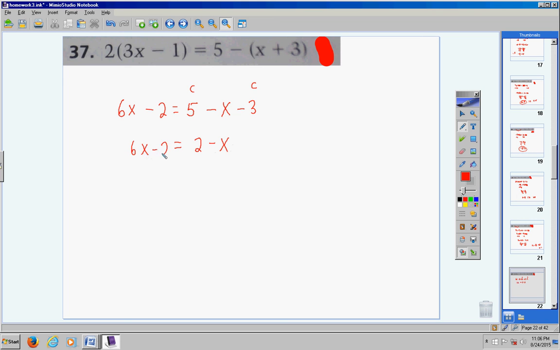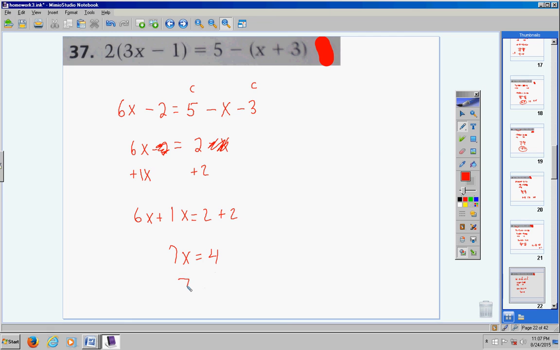Now, let's get our constant terms on one side and our variable terms on the other. Bring your positive x over, and positive x is really positive 1x, of course. Bring your negative 2 over and make it a positive 2. So we have 6x plus 1x equals 2 plus 2. So 7x equals 4.